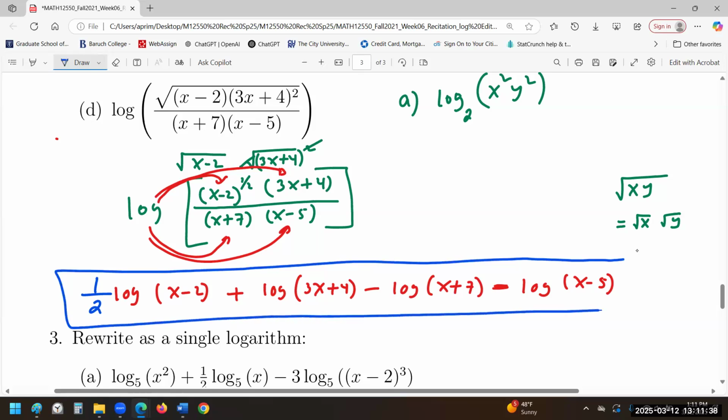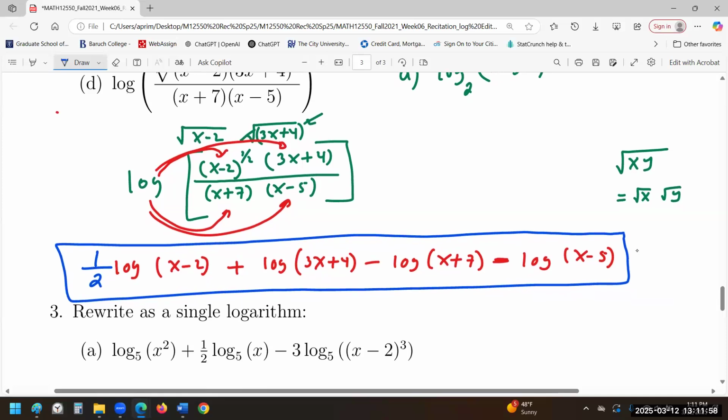And now this is our final answer. It looked bad, but actually it wasn't bad. Any question on this one? No. Anytime you don't see a base, it's always ten.